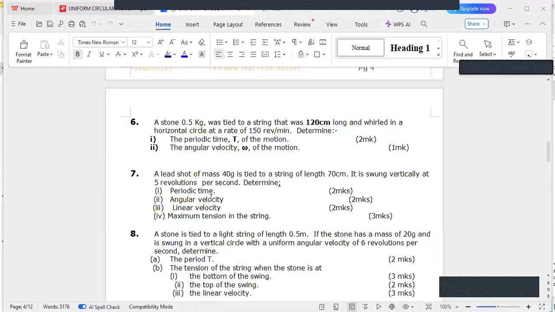We get 27.63 plus 0.4. The answer is 28.03 newtons. So the maximum tension in the string is 28.03 newtons.